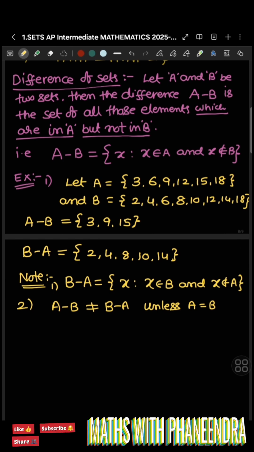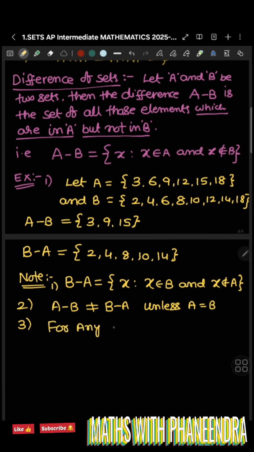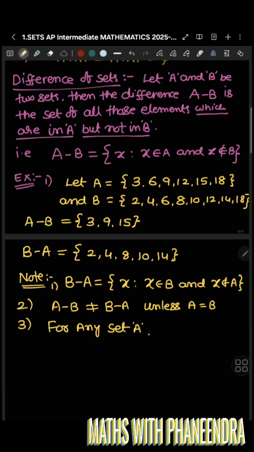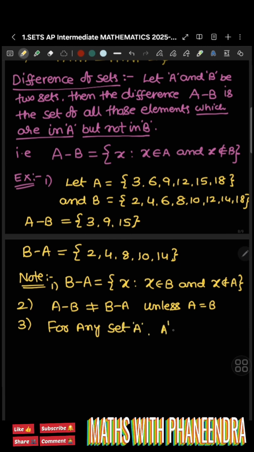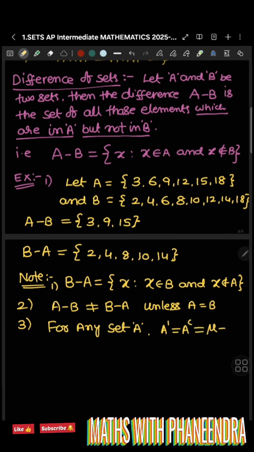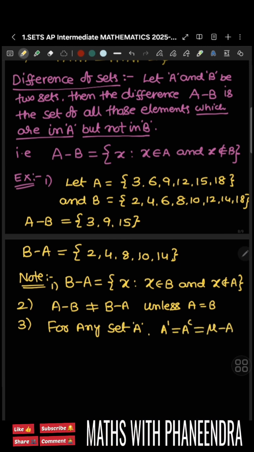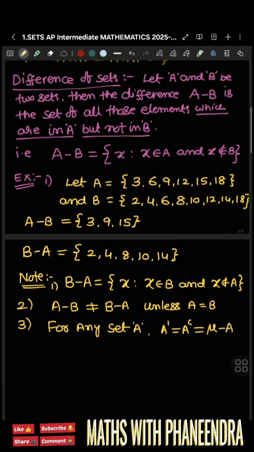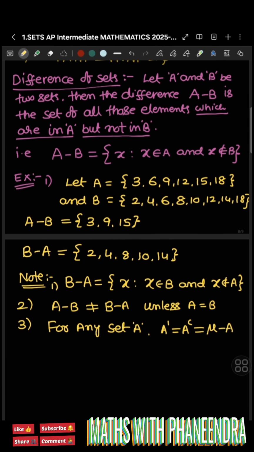Okay, dear students. Note number 3: for any set A, complement or A dash is equal to mu minus A. Mu means universal set minus A. Okay, dear students, I hope you understand.